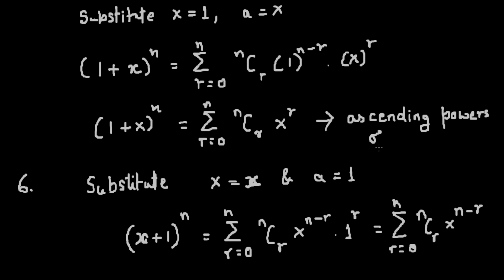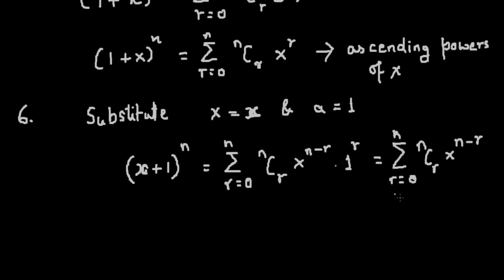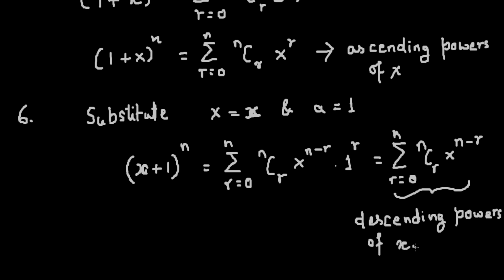Then here in the second case we're going to get the descending powers of x. So we're going to talk more about this when we are working on some numericals, then this will become much more clear.